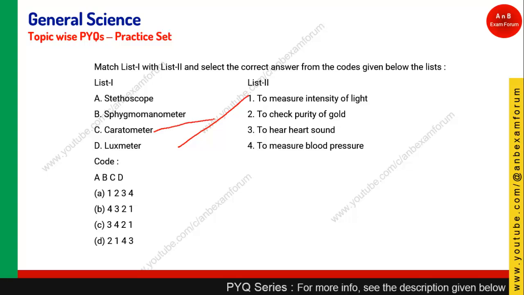Carat as a word itself suggests that it is something related to gold. Sphygmomanometer is going to measure the blood pressure, whereas stethoscope is going to hear the heart sound. So A is 3, so option C is the right answer.